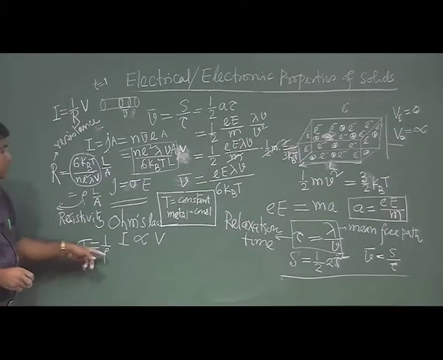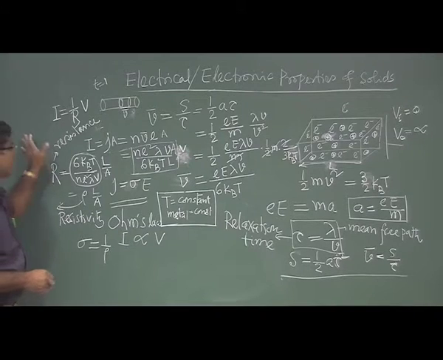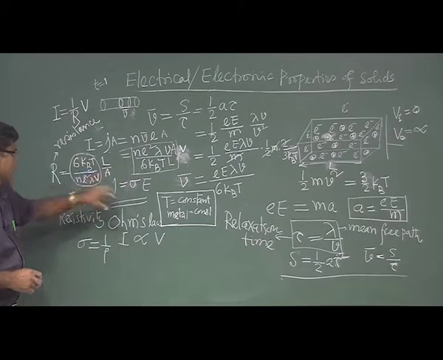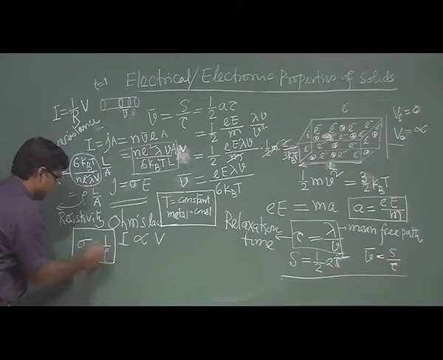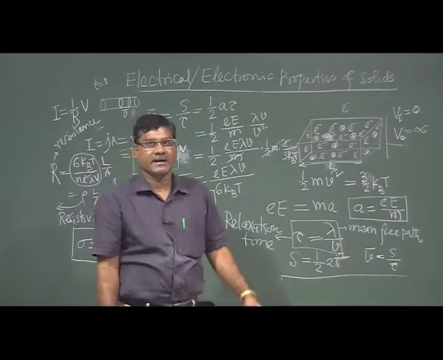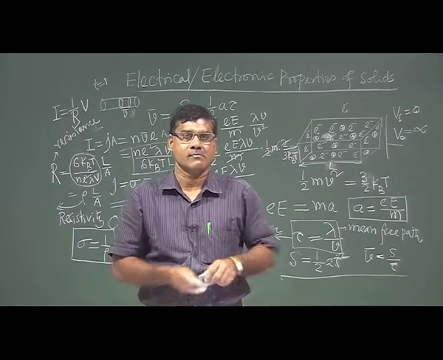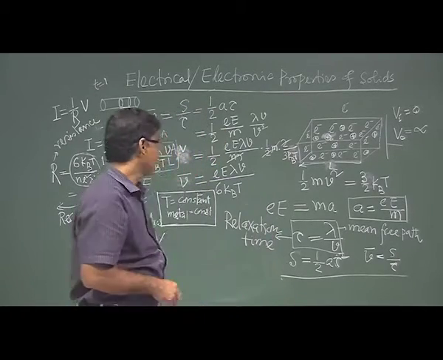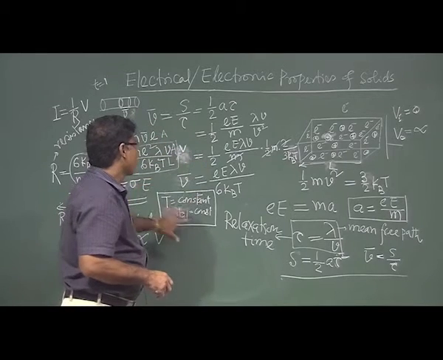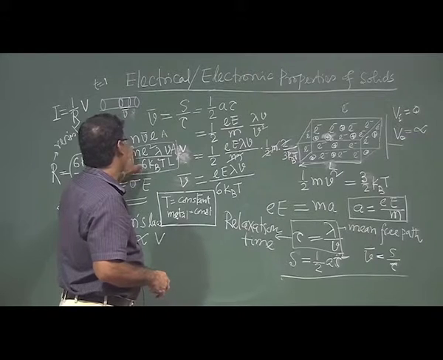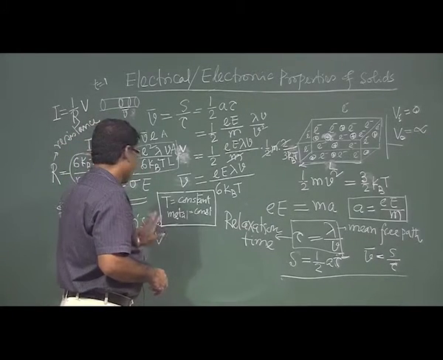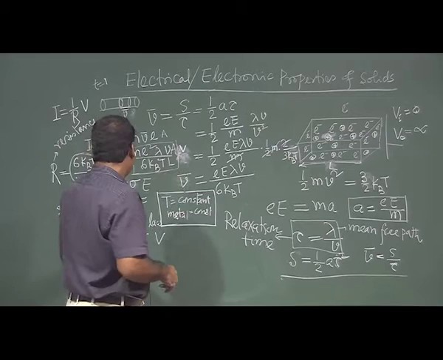So, before putting A and L, it will be the inverse of this one. So, from the free electron model we could explain microscopically why metal follows Ohm's law, and from there everything we got.